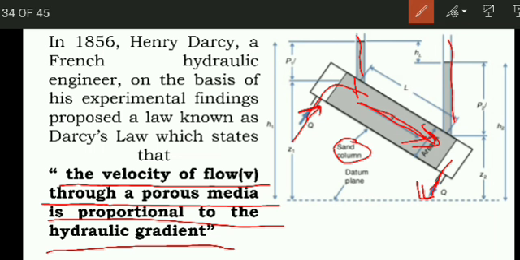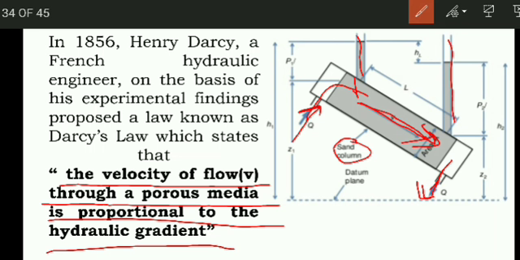For what purpose are we inserting these piezometers? For measuring the head of the water flowing through the porous media, at the entry and exit positions in the given experimental setup.